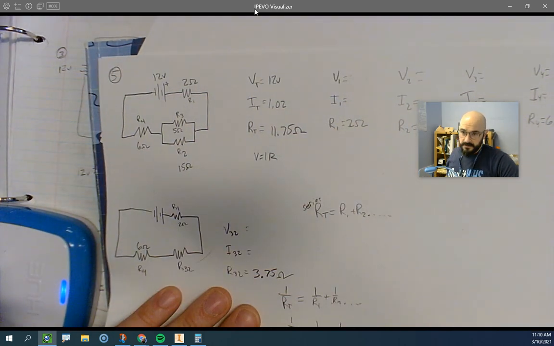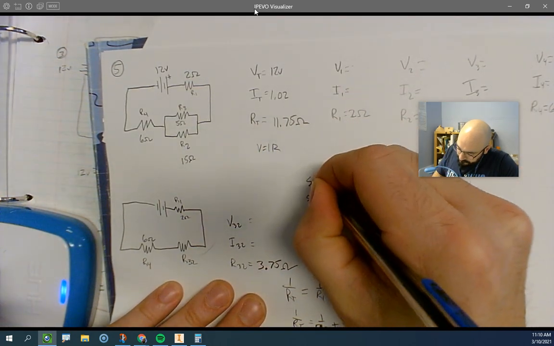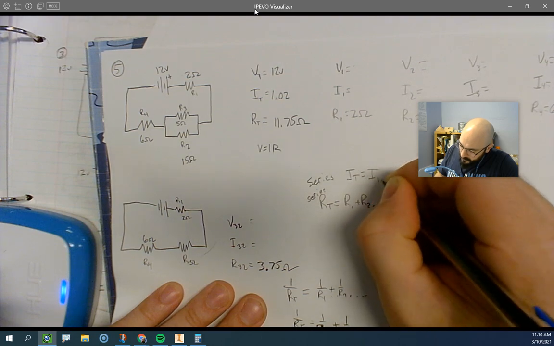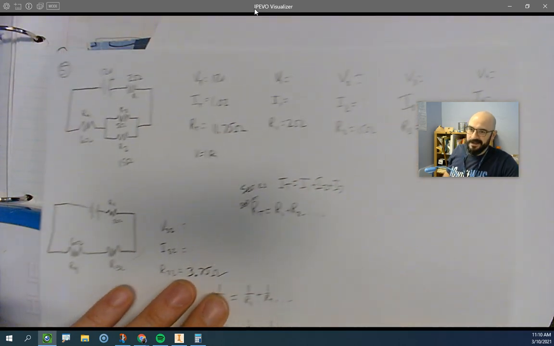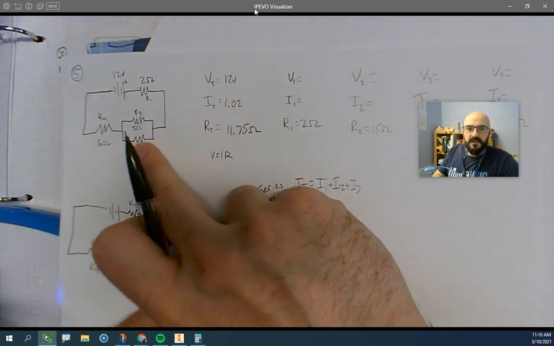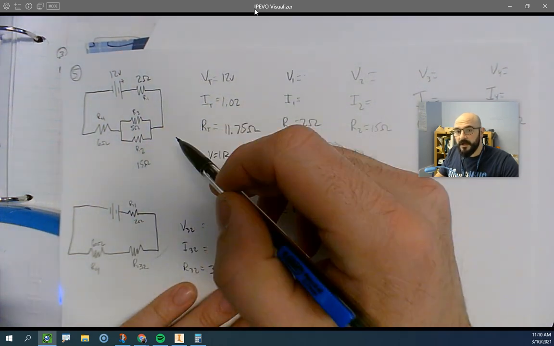Everything in series has the same current. In series, IT equals I1 plus I2 plus I3. So now, here, let's see. These I got to be a little skeptical of because it's not true.